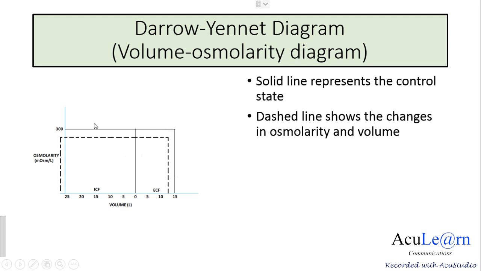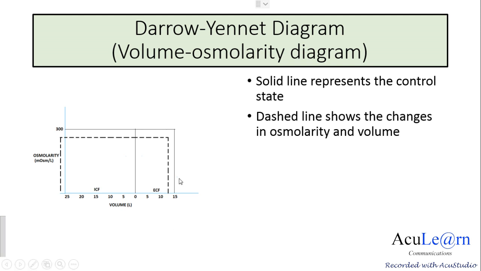The solid line represents the control state, and the dashed lines show a change in volume and osmolarity. If a dashed line cuts the x-axis, it denotes changes in the volume, and if the dashed line cuts the y-axis, it denotes changes in the osmolarity.